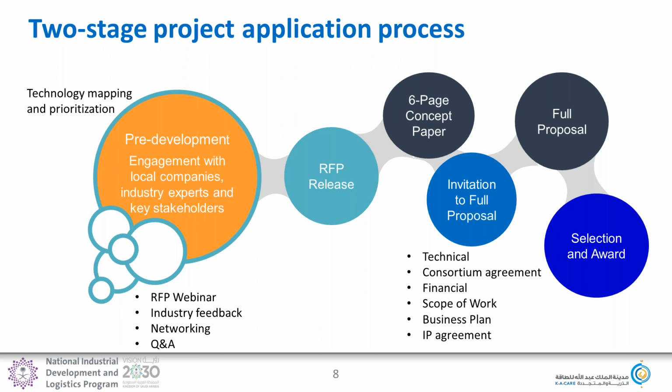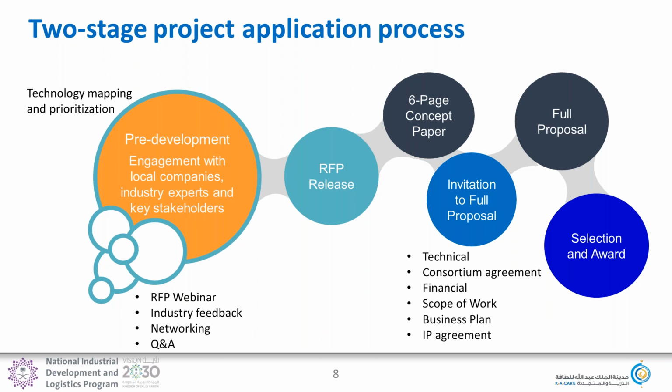When you are invited to do the full proposal, you'll see in the RFP that's all defined. This is, again, not like a normal Saudi procurement proposal, in that we're requiring a lot of information that is not normally required, but certainly when we're talking about a cost sharing proposal in which you're doing a commercial demonstration that you will own, not KCARE, we have to apply a higher degree of scrutiny.